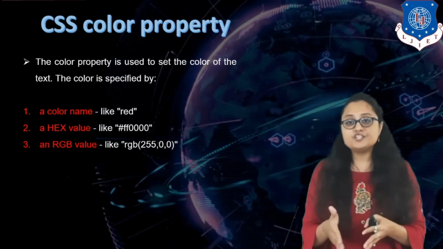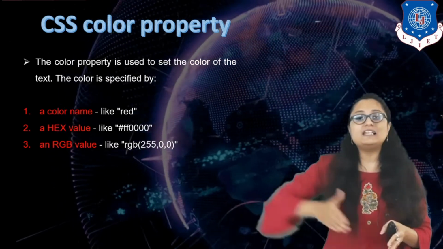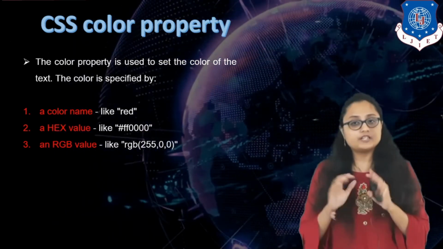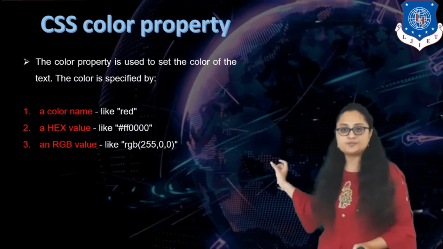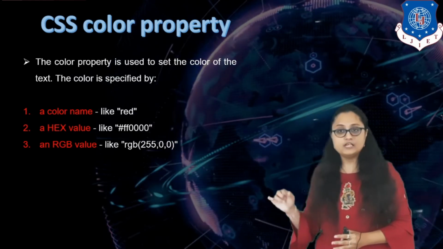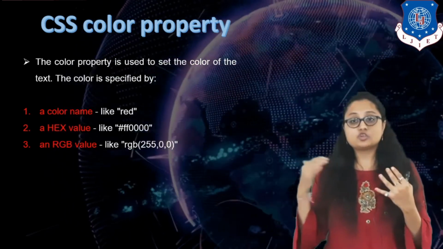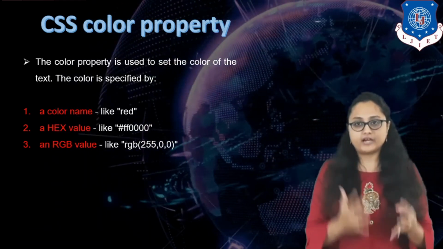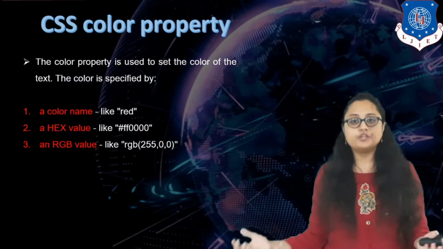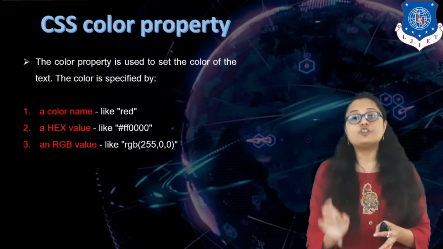Now the range for the first pair starts from 00 till FF. It means whatever value you are specifying for the first pair. Here in the example you can see that I have specified FF in the first pair. So it means that whatever combination of red, green and blue color you are going to mix, there should be the highest intensity of red.